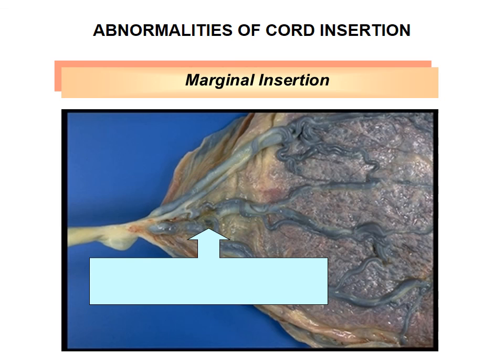Marginal cord insertion has a high prevalence in multiple gestation and can lead to potentially unequal sharing of the placental tissue and resultant growth discordance. In singleton pregnancies, marginal cord insertion is not associated with an increased risk of fetal intrauterine growth restriction or preterm delivery.